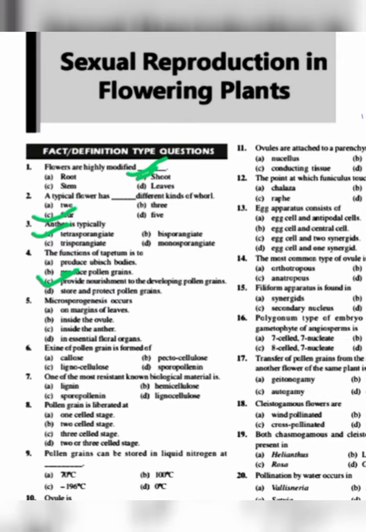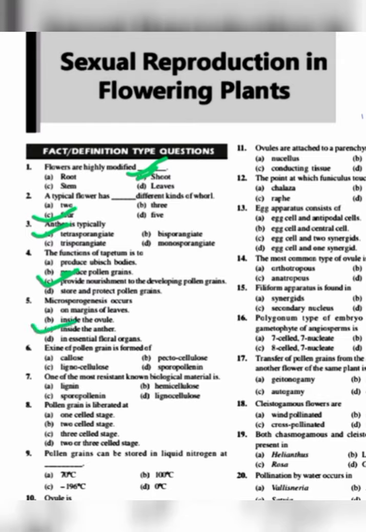These undergo meiosis and form a microspore tetrad and become haploid microspores or pollen grains. As anthers mature, microspores of the tetrad separate from each other and develop into pollen grains. Each microsporangium contains numerous pollen grains, which are released after the dehiscence of the anther wall. So the answer of 5 will be C.